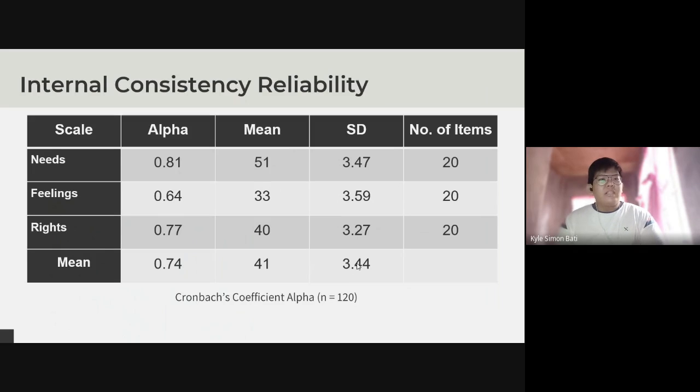The findings in this table reveal an adequate amount of dependability, which is a precondition for a high degree of reliability. There was a difference in how each aspect was understood, with a higher reliability for the needs facet, uncertain reliability for the feelings component, and unacceptable reliability for the rights component.